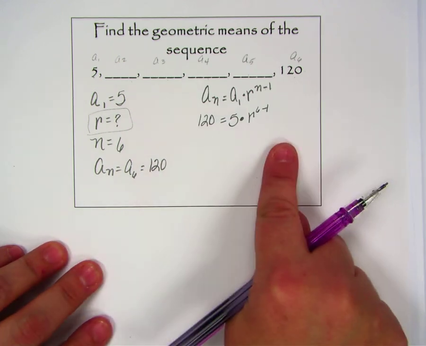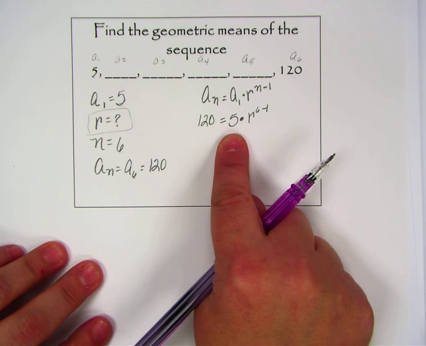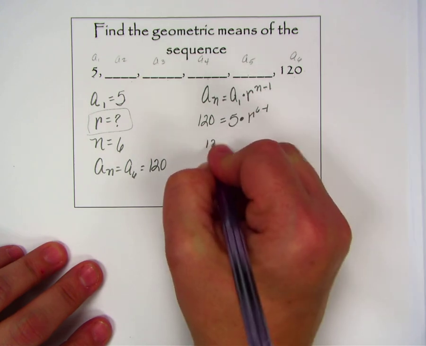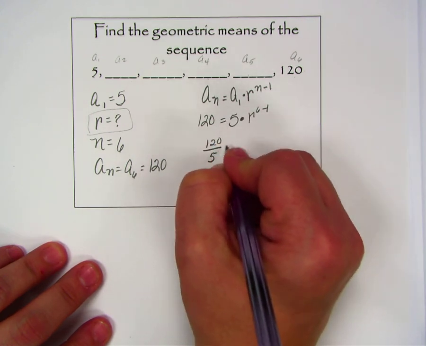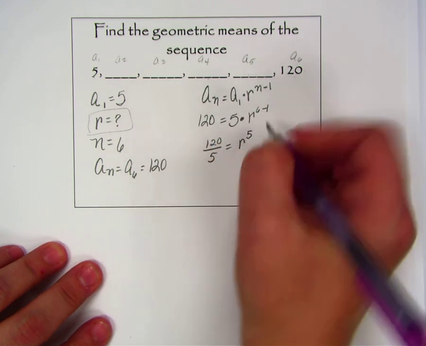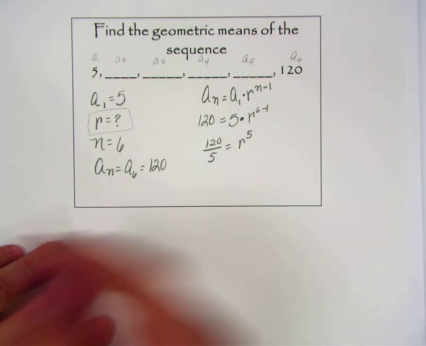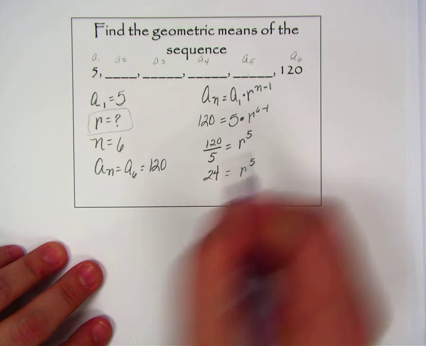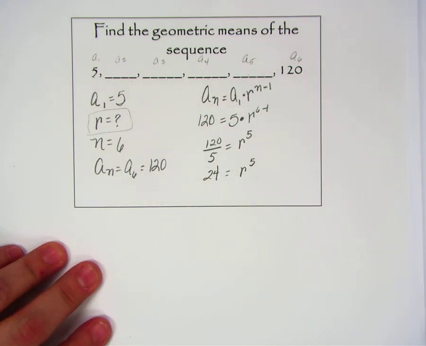So I'm going to solve this equation for r. I got to get rid of 5. What's 5 doing? Adding, subtracting, multiplying, dividing? Multiply. So what am I going to do with it? Good. So 120 divided by 5 is r to the 5th power. 6 minus 1 is 5. That's 24. But I didn't ask you for r to the 5th power. I want r.